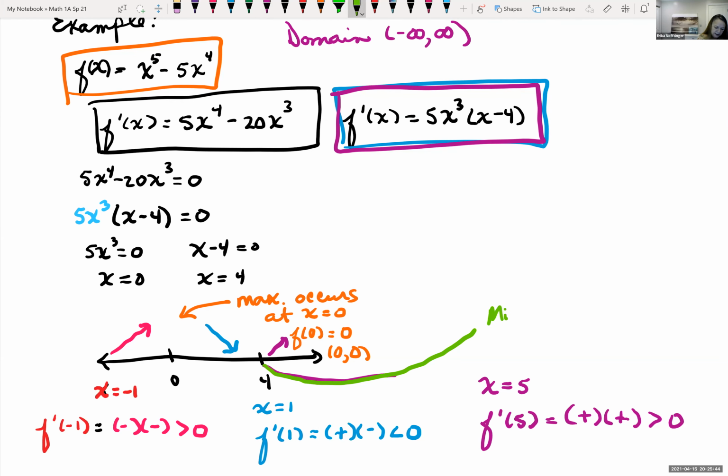So a min occurs at x equals 4. If we plug in 4 into the original problem, we got what? 4 to the 5th power minus 5 times 4 to the 4th. Oops, it's 5 raised to the 5th minus 5 times 5 raised to the 4th.